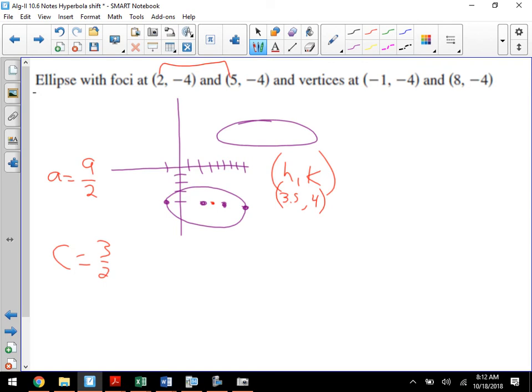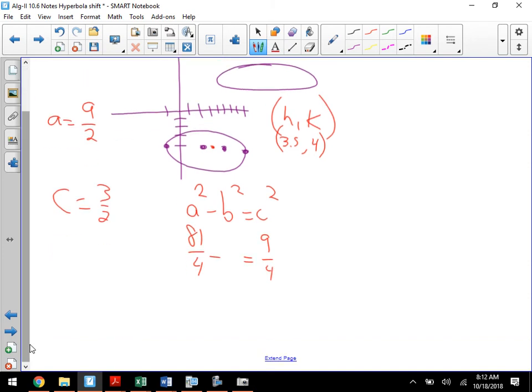Now, since this is an ellipse, you're going to subtract. It's going to be a squared minus b squared is c squared. So we have to square these. What's 9 halves squared? 81/4. So you have 81 over 4 minus something is 9 over 4.